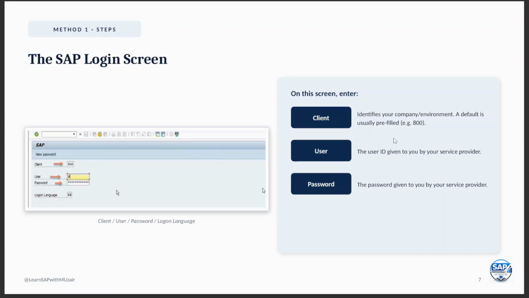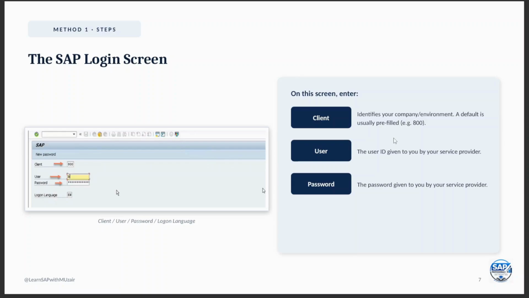You will need to enter three things here. First is the client. This is the identifying number for your company or environment, and a default number is usually already filled in for you when you open the SAP system.